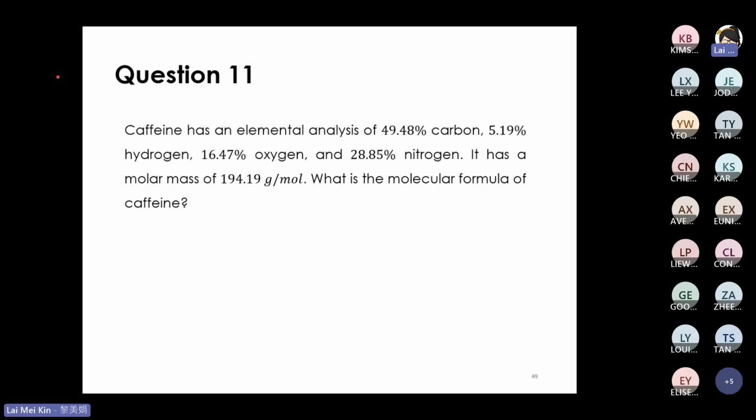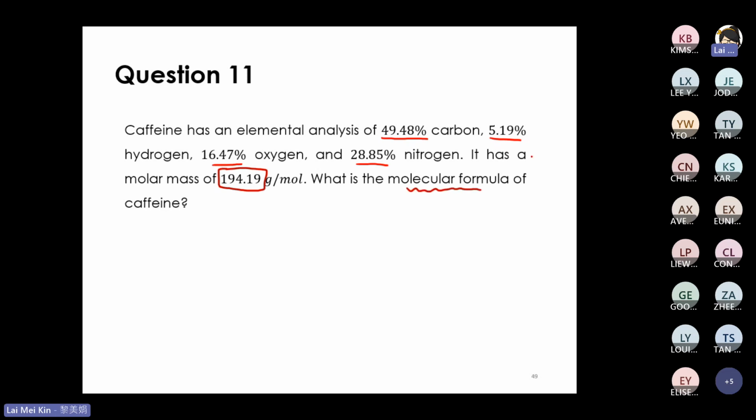So this one, you have the percentage of carbon, percentage of hydrogen, percentage of oxygen, percentage of nitrogen. This is quite a long empirical formula. You have 4 percentages, and I tell you that the molar mass is 194.19. What is the molecular formula?